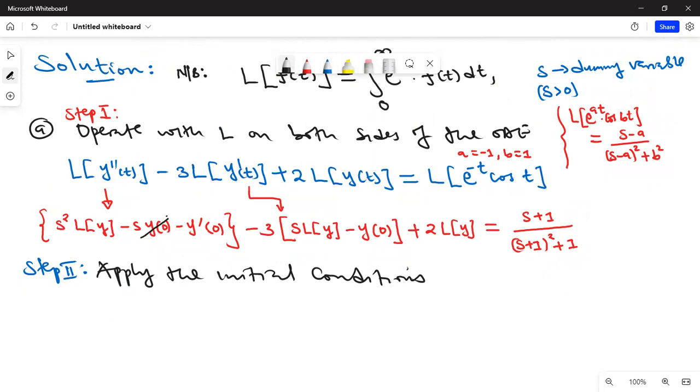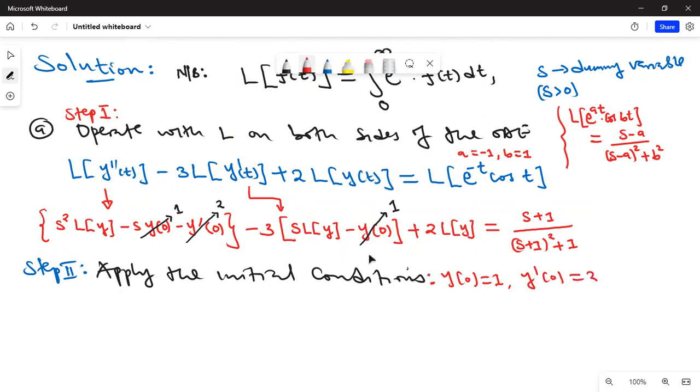Y'(0) should be 2. Again here it should be 1. So let me write here that y(0) is 1 and y'(0) is equal to 2.